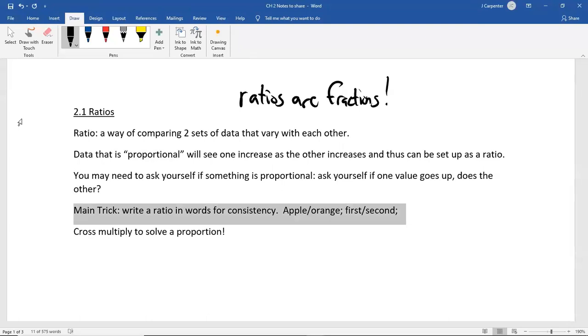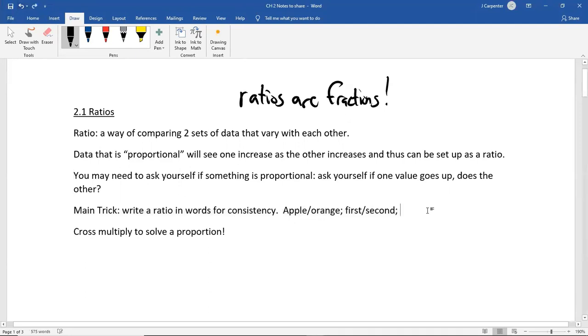I can't tell you how many people make mistakes with these because they don't use their words, because they don't want to take the extra 10 seconds, and that's it, to write apple over orange or miles over gallon or students over teachers or pens over, I don't know, elephants, whatever the two things you're comparing. So please, please do that because it will save you a lot of hassle over time.